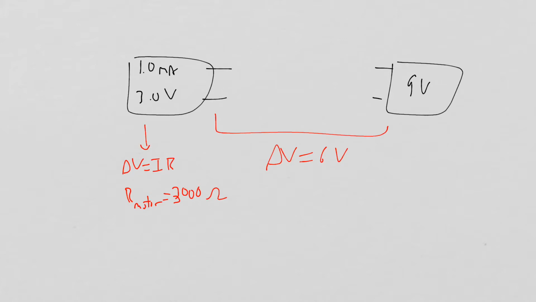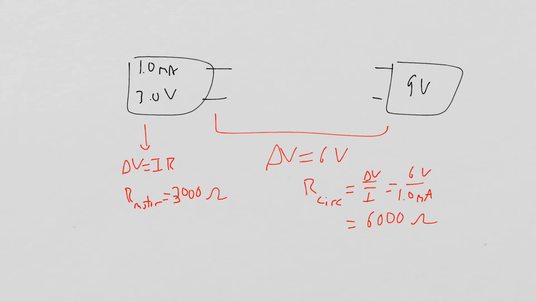And if we need 1 milliamp of current, then R must be 6 volts over 1.0 milliamps. So whatever we put in there needs to have a total resistance of 6,000 ohms.